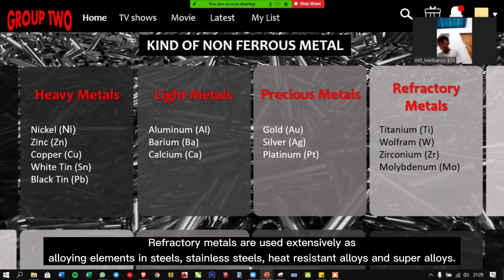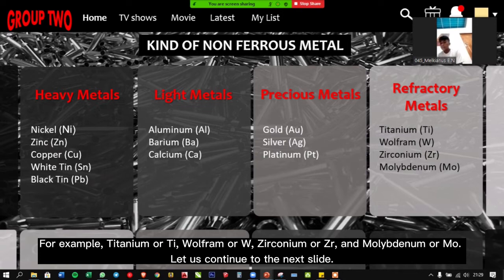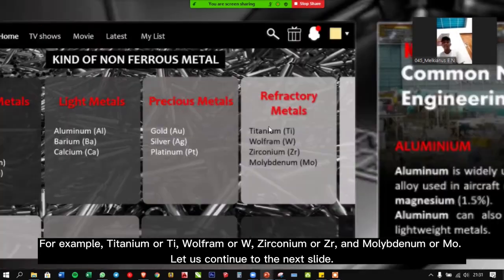Refractory metals are used extensively as alloying elements in steels, heat-resistant alloys, and superalloys. For example, titanium or Ti, wolfram or W, zirconium or Zr, and molybdenum or Mo. Let us continue to the next slide.